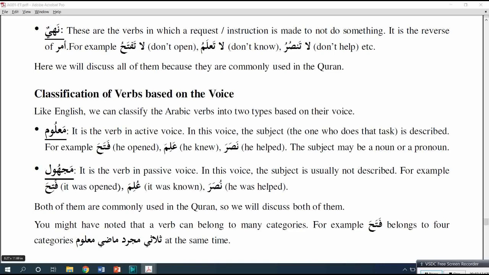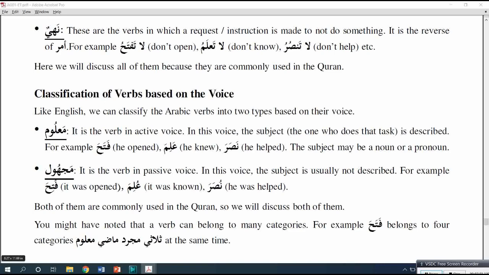In this voice, the subject, the one who does the task, is described. For example, fataha means he opened. Alima, he knew it. Nasara, he helped him. This is ma'loom, it is very clear to everyone who is listening.